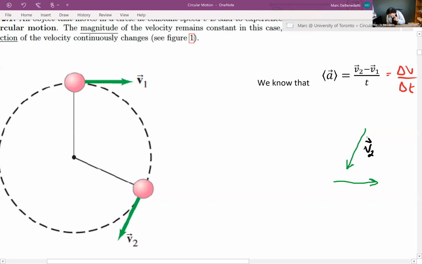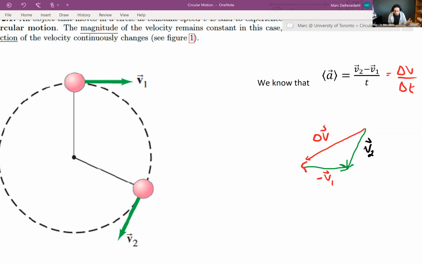This is going to be v2 plus negative v1, which means we take v1, and we flip the head and the tail. So this is going to be negative vector v1, and then we add them. This is delta v. That's delta v.